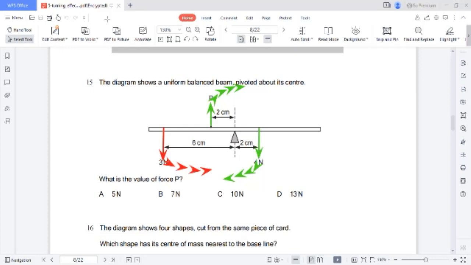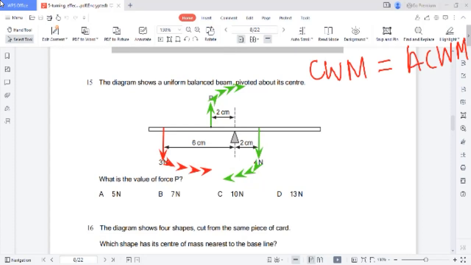The red one is creating an anti-clockwise moment, and the two greens are supporting each other to create a clockwise moment. So by law, we know that for a stable object the sum of all clockwise moments and anti-clockwise moments are equal.